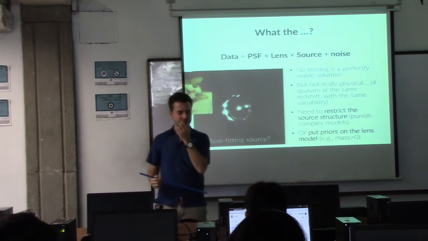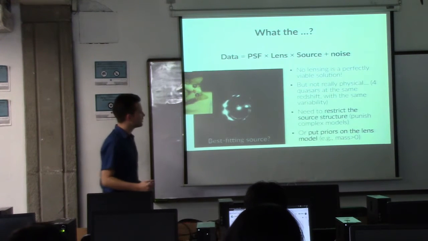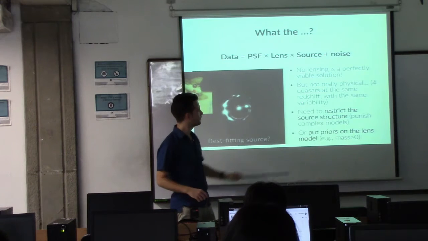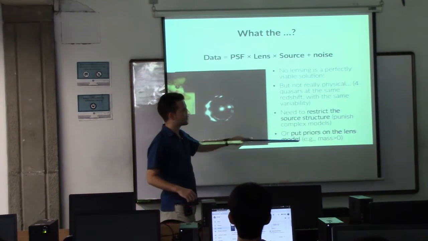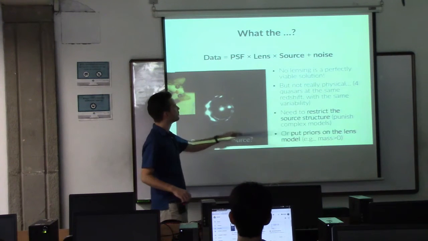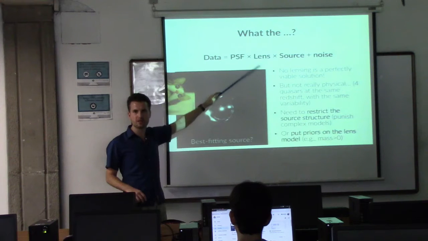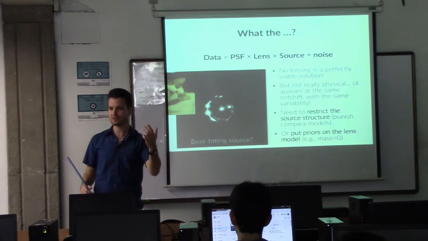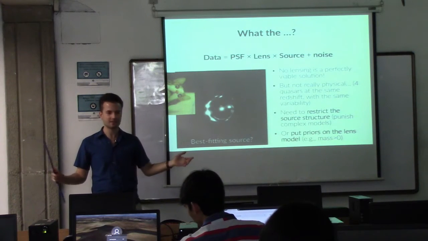So we need to find a way to get around this, which is we either need to restrict the source structure, or we need to put some constraints on the lens mass model. What went wrong here is that I didn't put any constraints on the lens model, and then it says, okay, 0 mass. Perfectly fine solution, 0 mass, no lensing, we are done here.